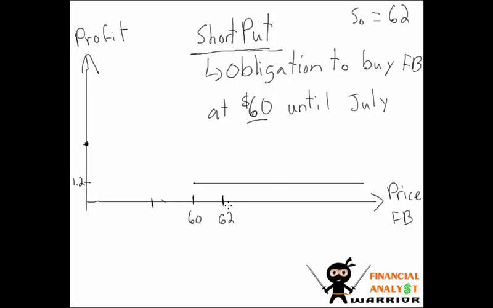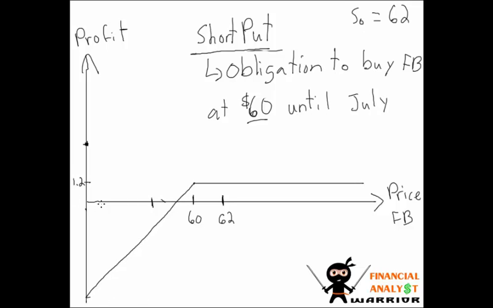However, it goes downhill from there, because if the price is below 60, the person will exercise and I'll lose money. Again, it's not unlimited, because the price of Facebook cannot go lower than 0. This is why it's not that bad compared to shorting a call. However, it's still pretty painful.